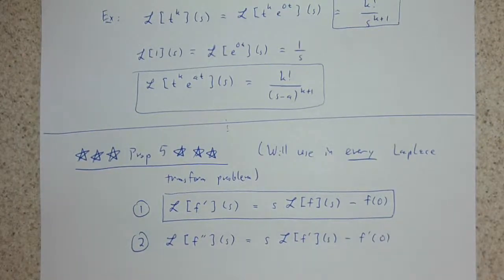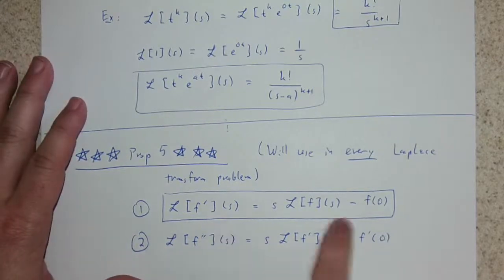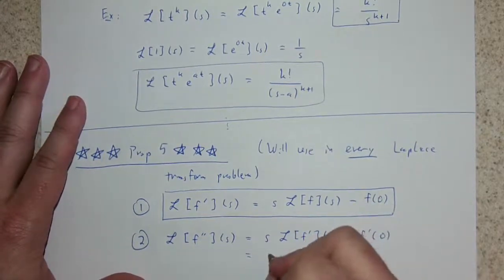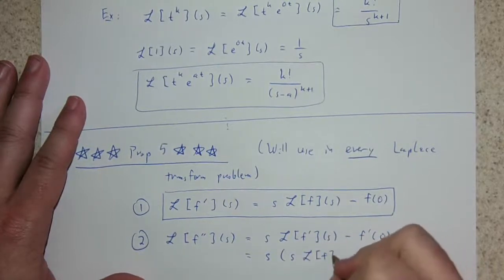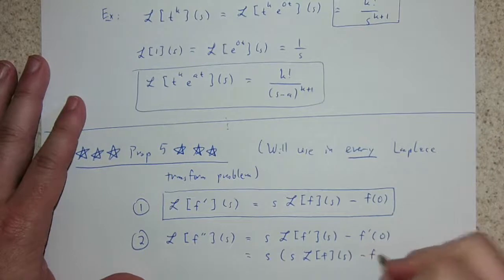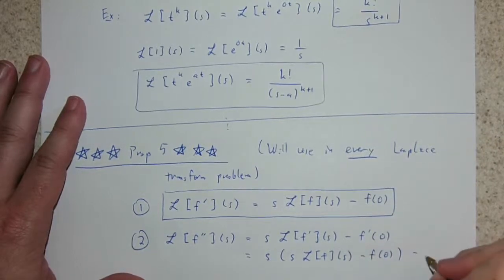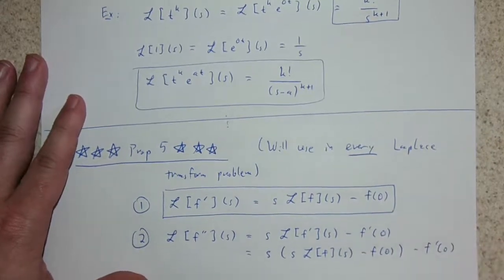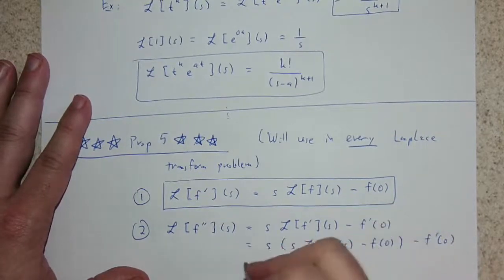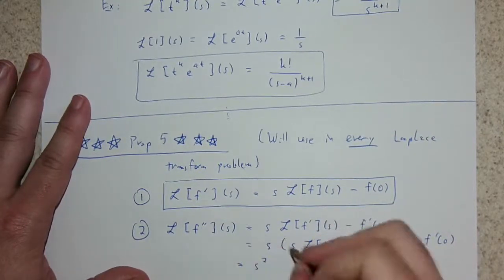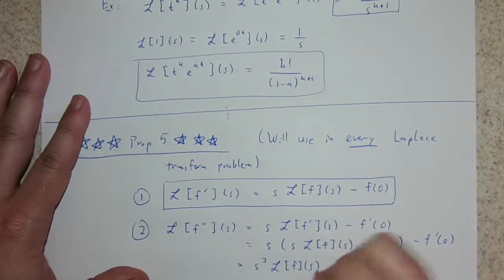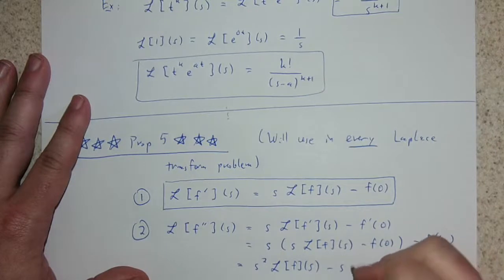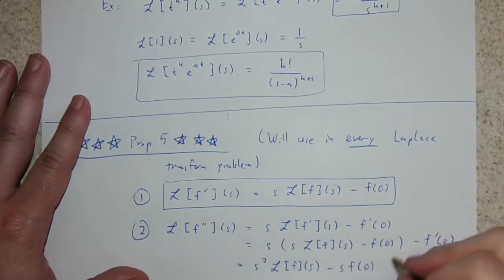But the Laplace transform of f prime, by the first fact, is s times the Laplace transform of f of s minus f of 0. Simplifying this, it's s squared times the Laplace transform of f of s minus s times f of 0 minus f prime of 0.